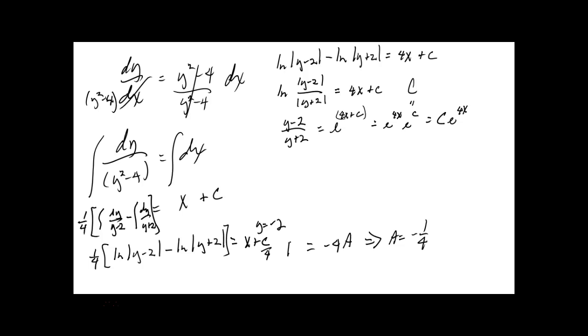All right. Now, most of the time we want to write, if we can, y as an explicit function of x. And that's a pain in the neck to do, because it just gives you that much more work. But it's still doable. So we'll multiply both sides of this equation by y plus 2.